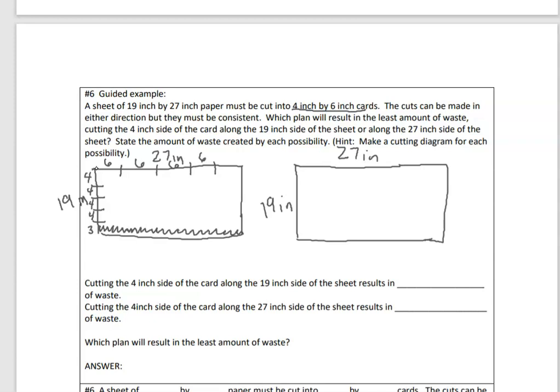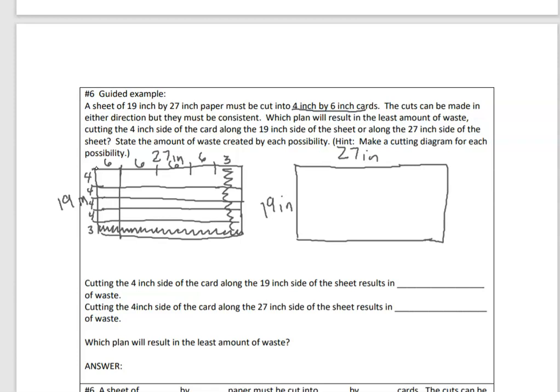So that's 24, but we've got to get to 27, so from 24 to 27, we've got a 3-inch section right here that's just left over. These are the pictures of what our cards would look like that we're cutting out.